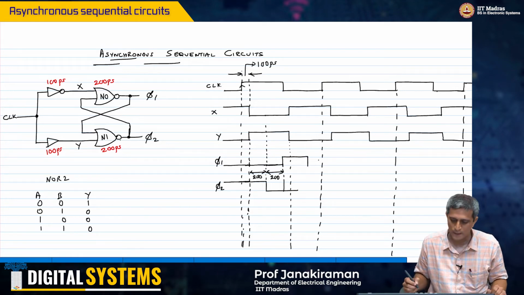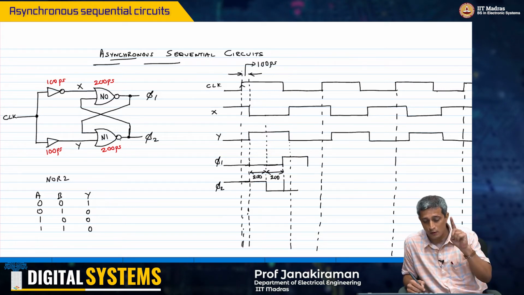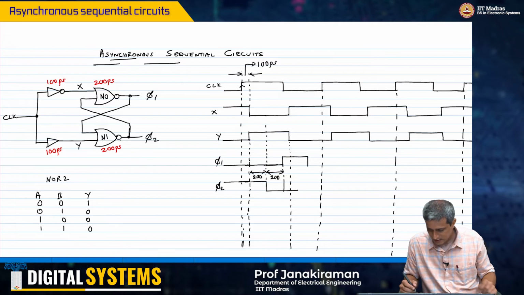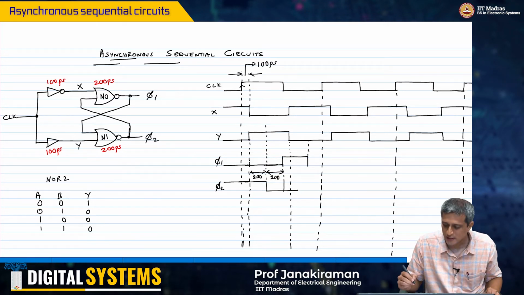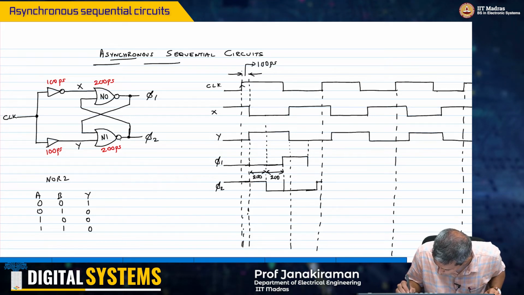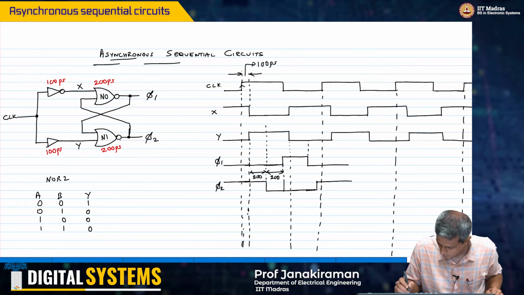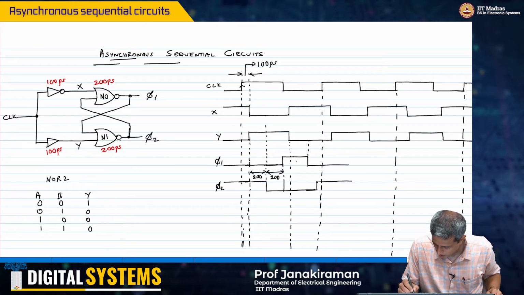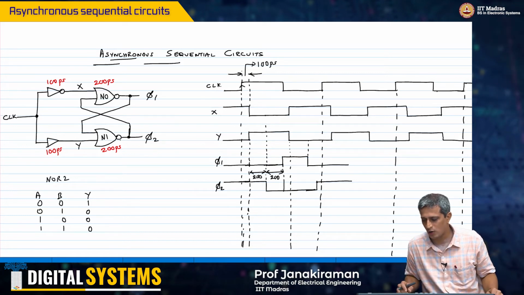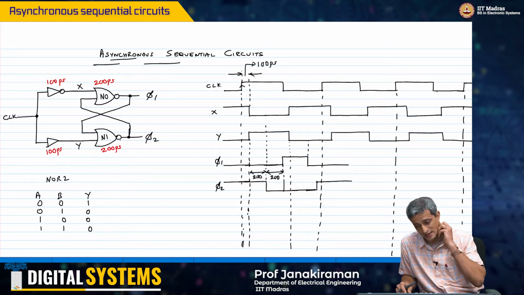It will fall, thereby causing the input of n1 to go to 0, and at the same time y is also 0 and it will take another 200 picoseconds for this to go high like this. So this is going to be my output that comes out from phi 1, and phi 2 is also going to go high like that.